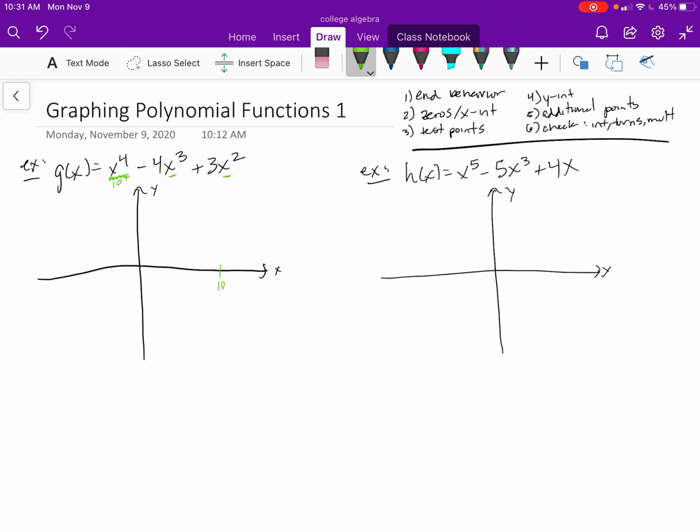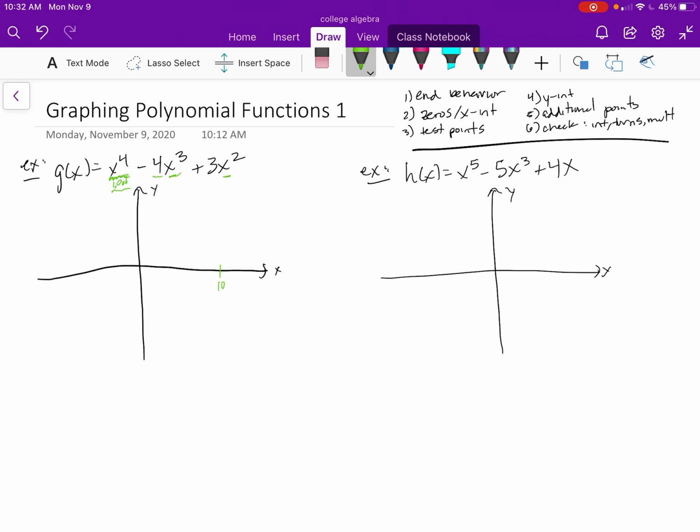But plug in something like 1,000 or 1,000,000, and we get an extremely large number, we're talking billions and so forth. Even with 1,000, we would really see the power of x tending to infinity. Because now 1,000 to the fourth is 1,000 times 1,000 times 1,000 times 1,000. Compared to 1,000 to the third, this is already 1,000 times larger. I know I have a multiplied by -4 there, but that's irrelevant when we get to large numbers.